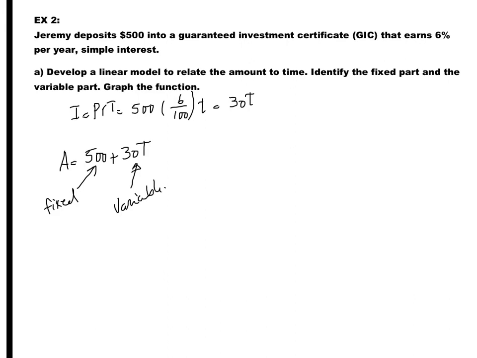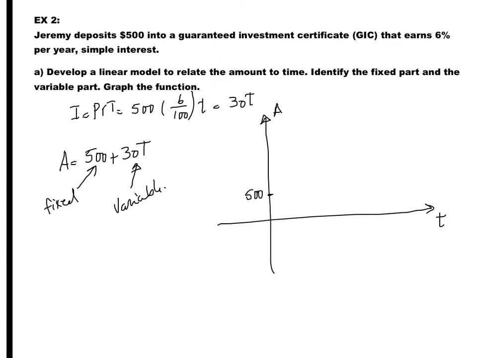Now, it also asks us to plot this expression. First of all, we are going to denote the horizontal axis as T and the vertical as A. We can see that the y-intercept, or the A-intercept in this case, which is the fixed part, is going to be 500, so this is our 500.